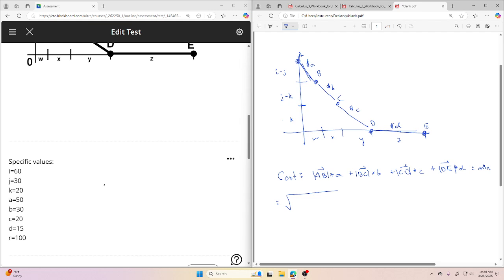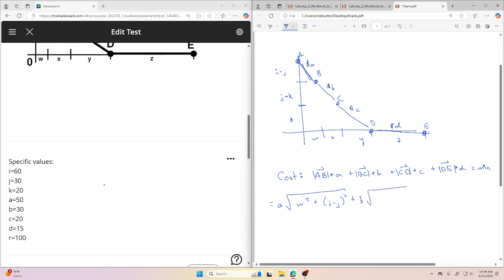The x distance here is w squared, and then the y distance is I minus j squared. And then all this times little a. I'm going to put that little a in the front, because it's just a number.